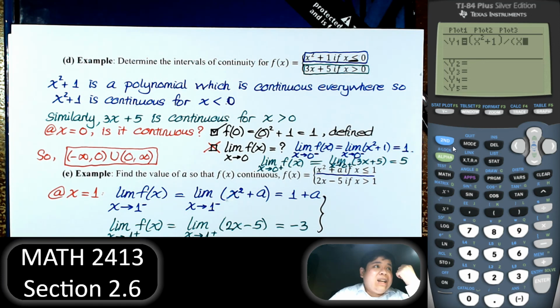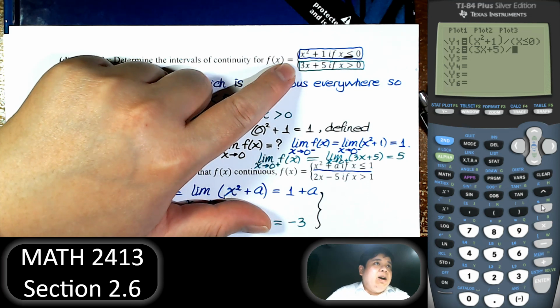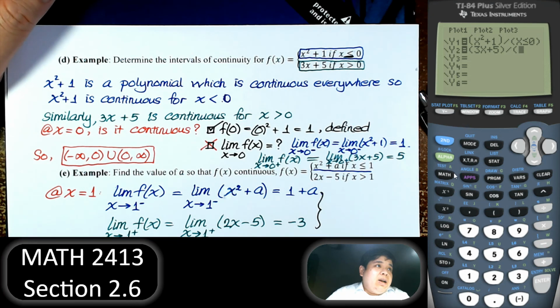So we just use less than, I guess it's fine. And then we have 3x plus 5 divided by x greater than 0, and this is our piecewise function.